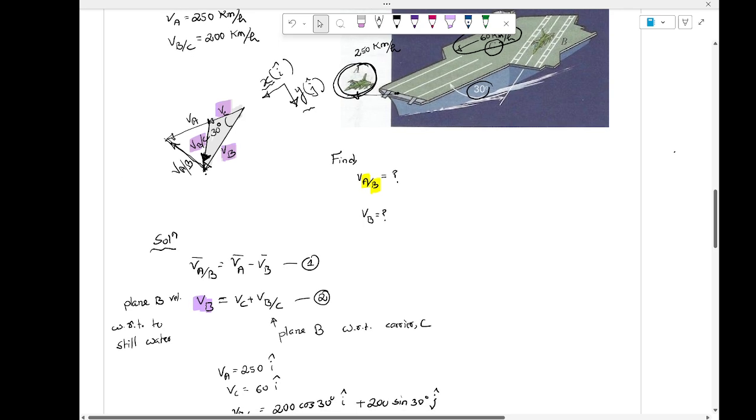The 200 is given here, like the velocity of aircraft B with respect to carrier C. Does it make sense? So that 200 obviously has X and Y components because it does have an angle, not in X or Y directly.